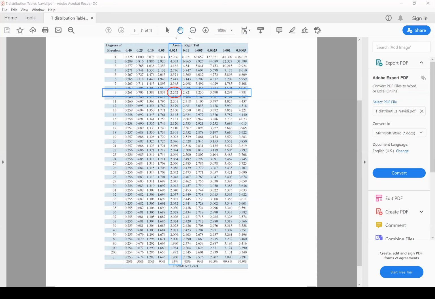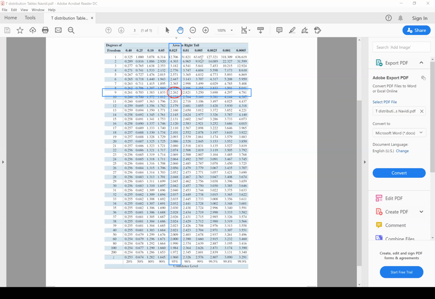The degree of freedom is N minus 1; we have 10 data, so N minus 1 is 9 degrees of freedom. Because they ask you for 95%, we go to the 95% column, and the value is 2.262.